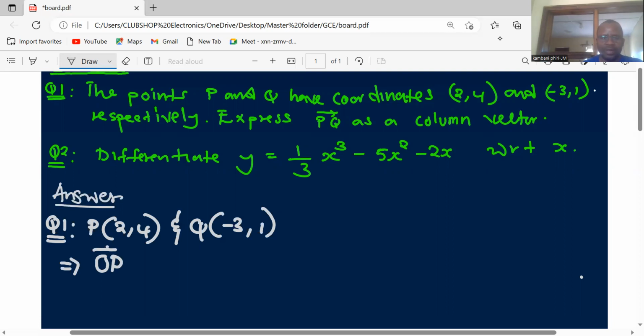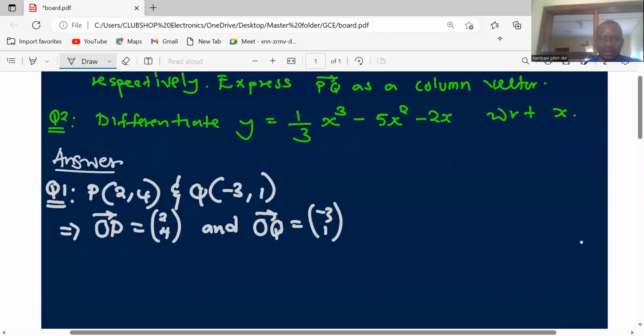So OP is equal to 2, 4 in a column vector. Similarly, point Q can be written as a position vector OQ, which is equal to -3, 1 as a column vector.